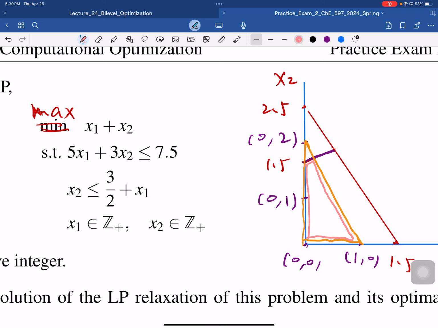Then you can calculate the value of the Lagrangian relaxation from this pink region.